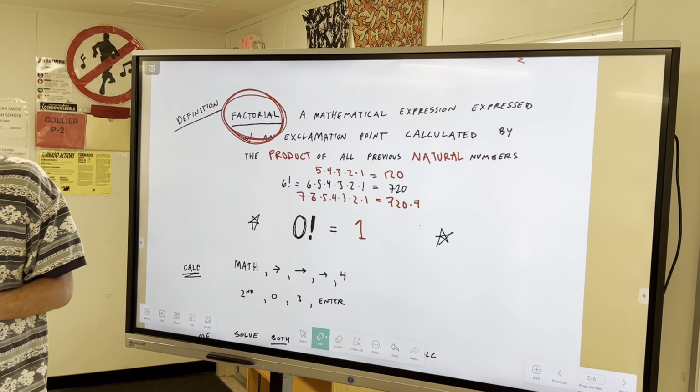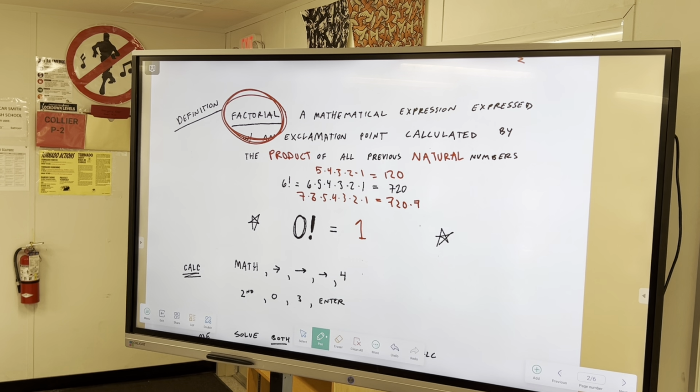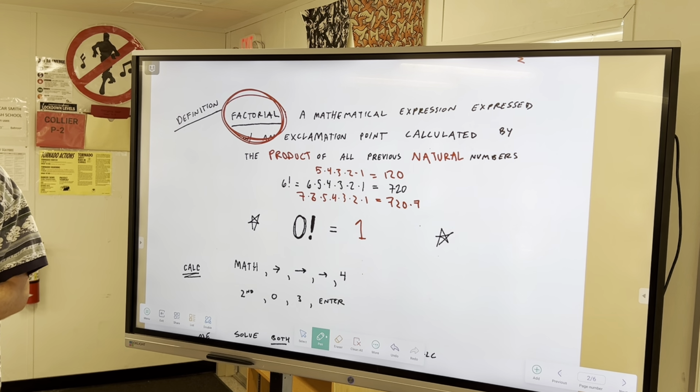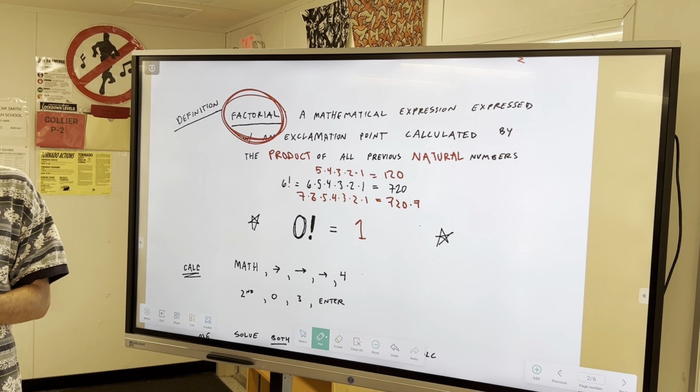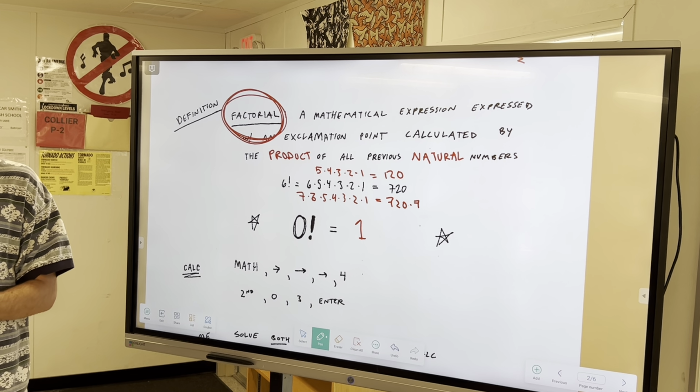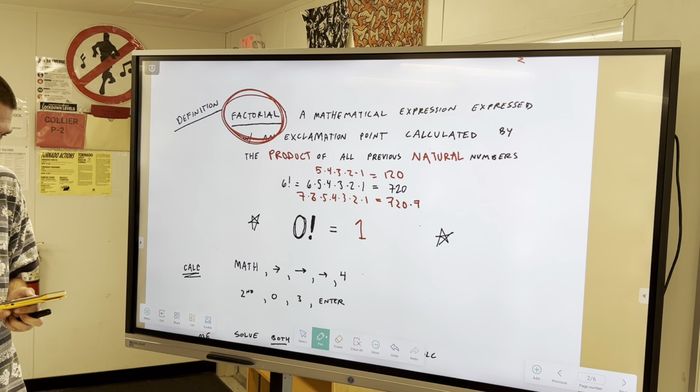In the calculator, because we're definitely going to want to use a calculator for these because nobody wants to do 10 factorial in their head or on their paper, you need to know how to find the factorial. And so here's 2 different ways to get there. You can either press the math button over 4, or you can do a fancy way.